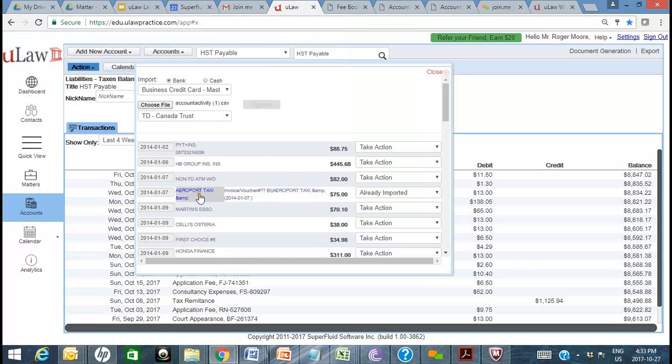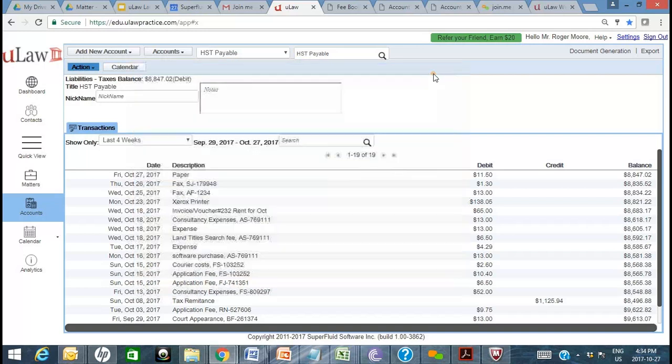If I do it from my same account, uLaw is smart enough, or the parser is smart enough, to know that this was already imported, because it uses the text, the date, the description, and the amount to say that if you've already done it, we're indicating that it's already imported. I hope that answered that question. But we don't have the API yet, but I'm sure in the future we'll look into that.